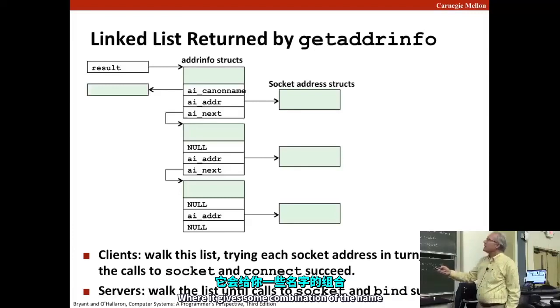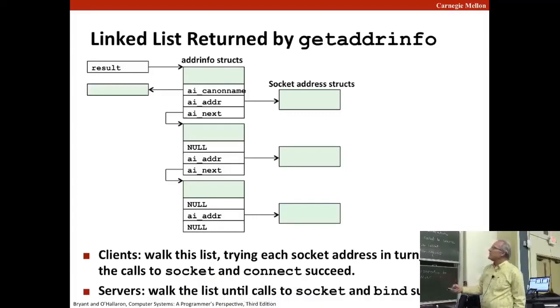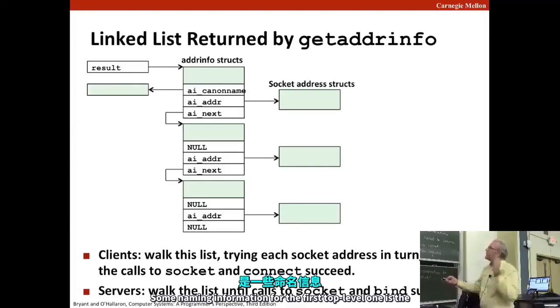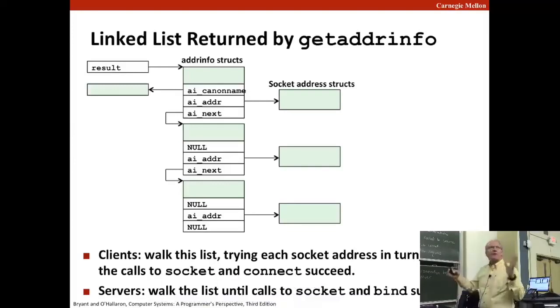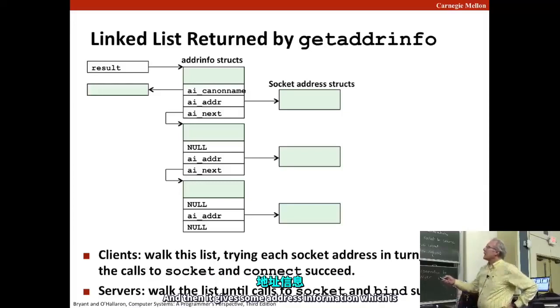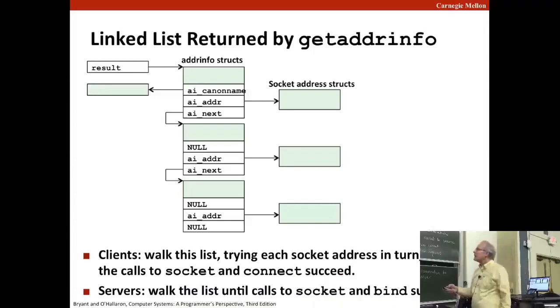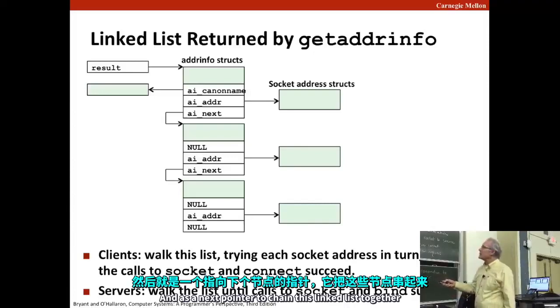It gives some naming information for the first top level entry, which, as I showed you, is the canonical name for this particular IP address. Then it gives some address information, which, in IPv4, will encode the IP address, and it has a next pointer to chain this linked list together.